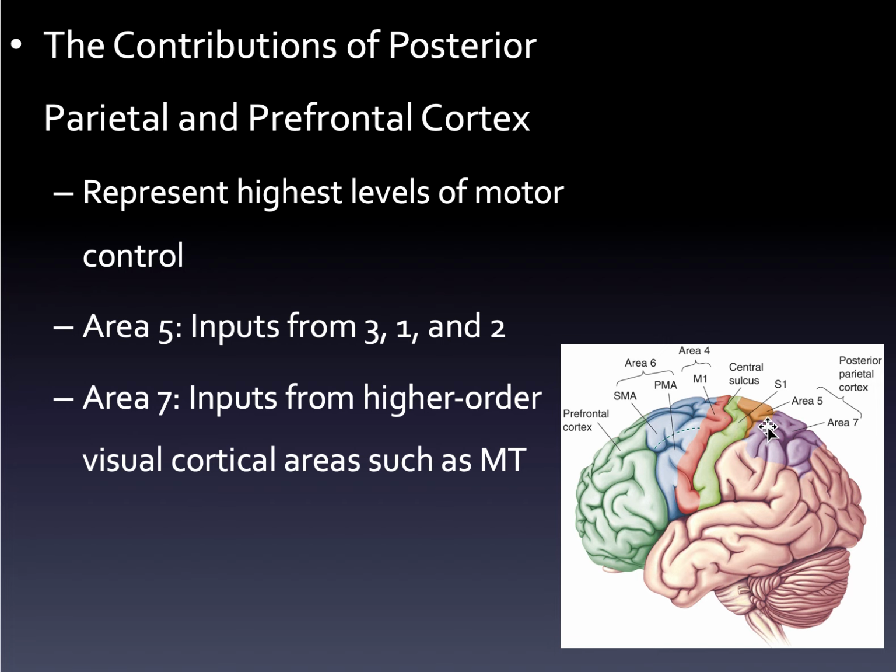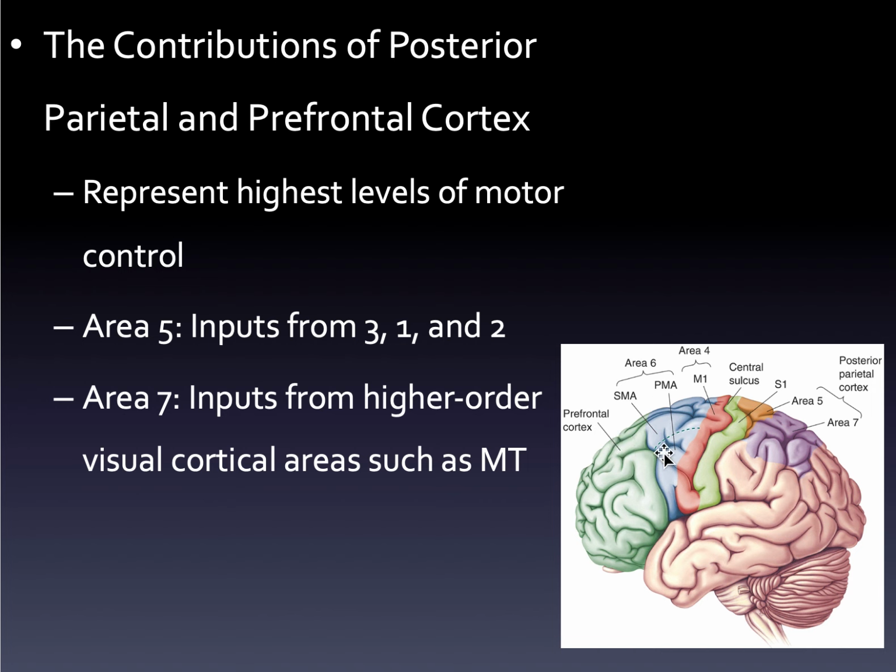And then area 7 is going to have input from that dorsal stream visual system, for example, area MT, or the medial temporal cortex. So we've got somatosensory and visual input here, and then we find an output of this area into area 6. We also have an output of the prefrontal cortex into area 6.